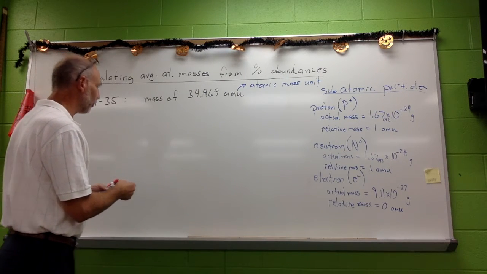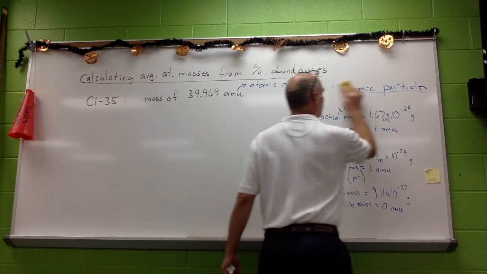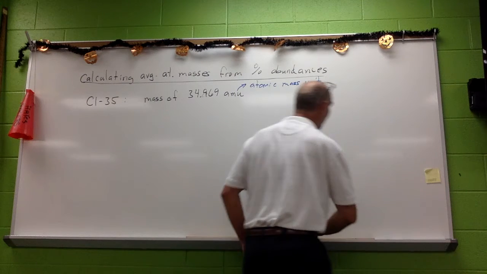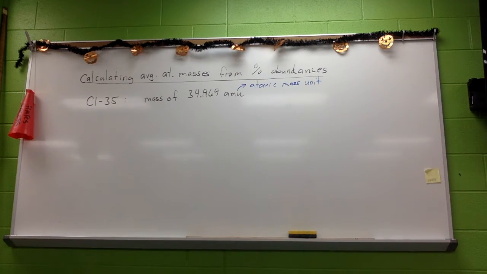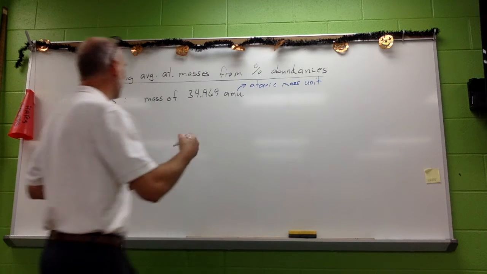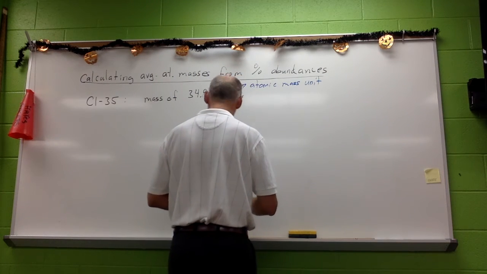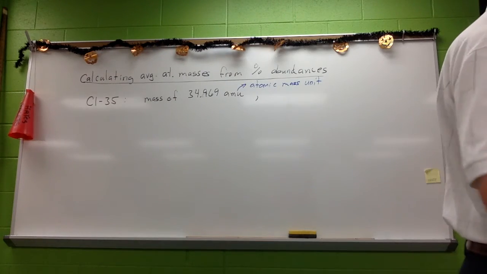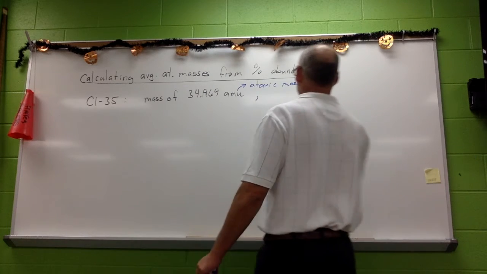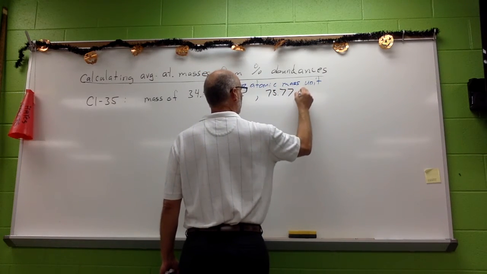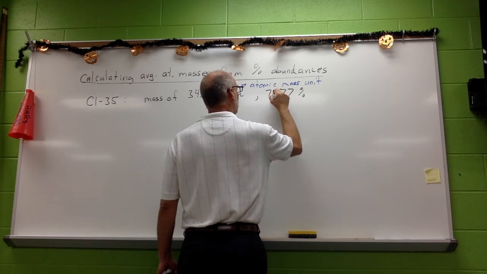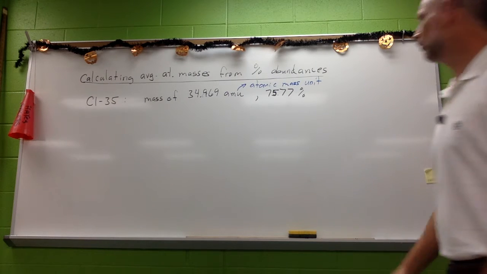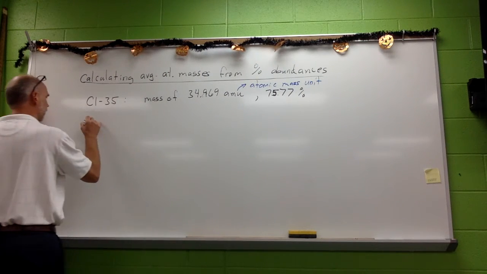Anyway, mass of 34.969 AMUs. Even though I screwed up, I kind of like how it worked out. I think it's all coming together fairly well. And this has a percent abundance of, well, remember we said this is going to be the one that's the most abundant because the average we already know is closest to it: 75.77%. So that means of all the chlorine that exists out there, 75.77% of it is chlorine 35.